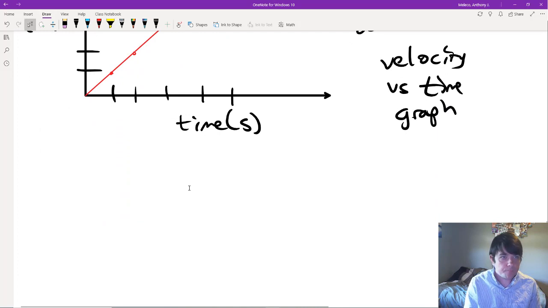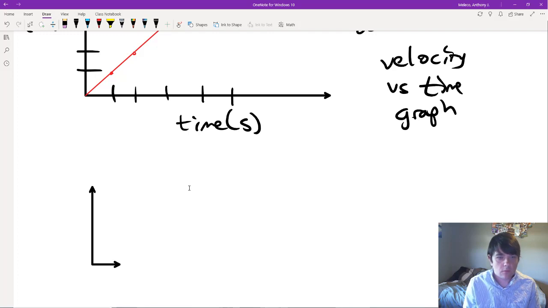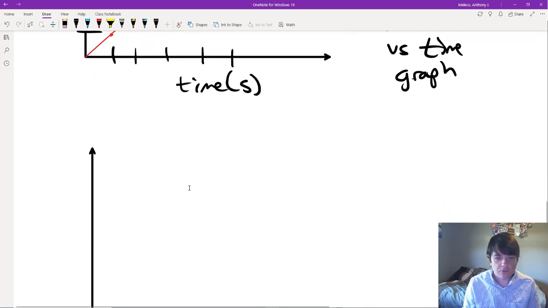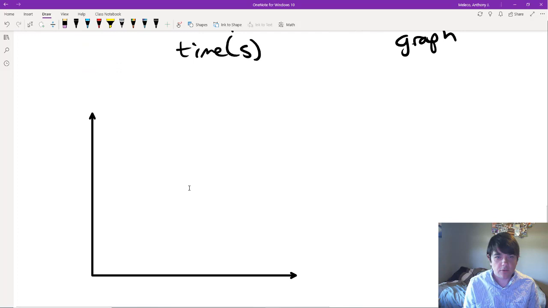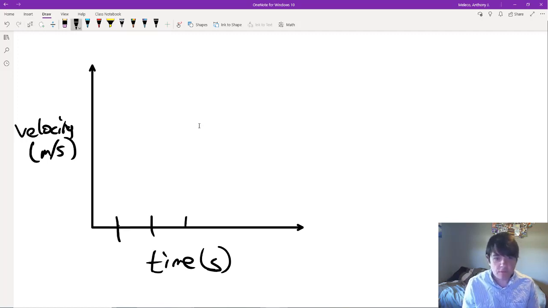So let's get this going. Let's do our shapes. I wish it would scroll. Okay, thank you. All right, let's establish our 5 seconds.